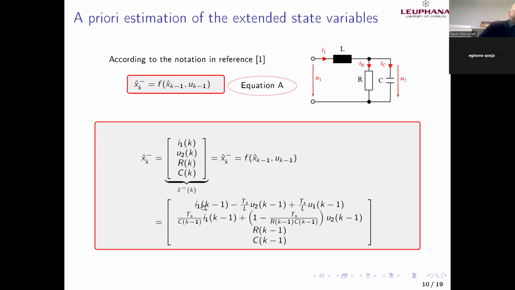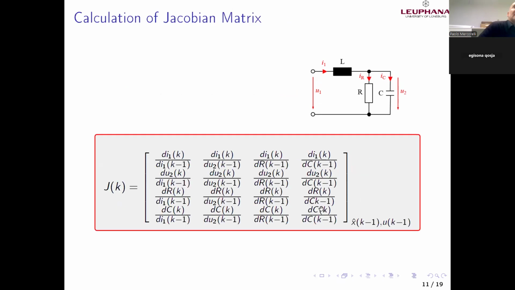Sometimes in some books we have hat also here on I1, on U2, on C, but this is just a formal notation. I can realize this just by considering, let me see if I have it here. No, I don't have it.